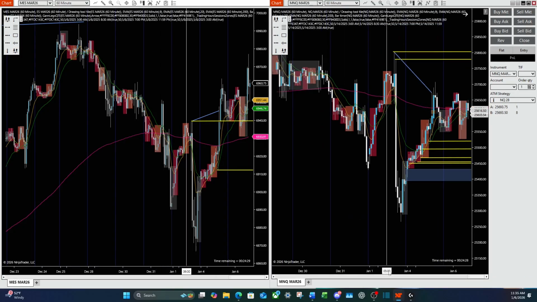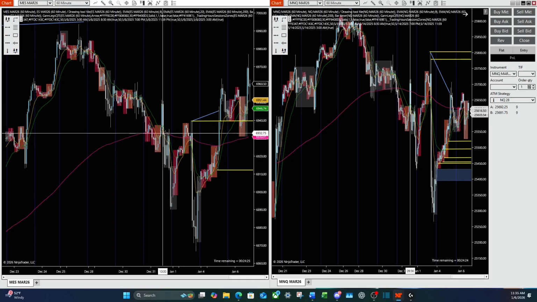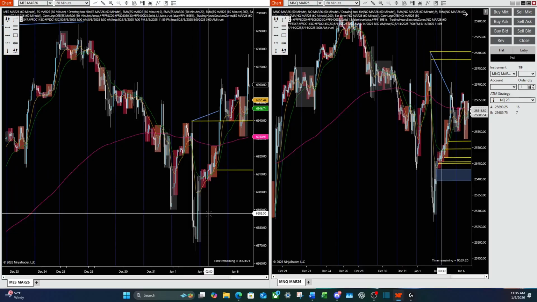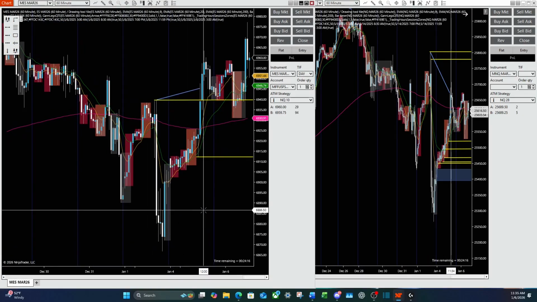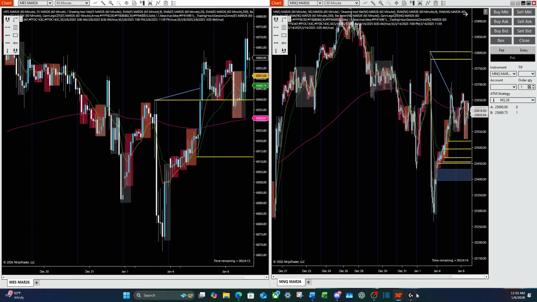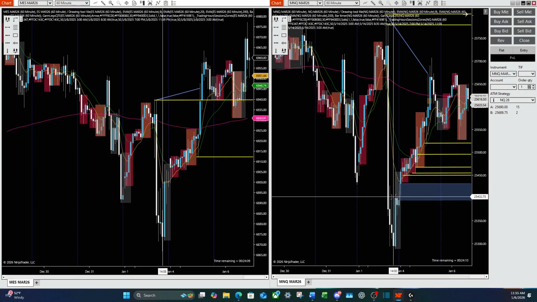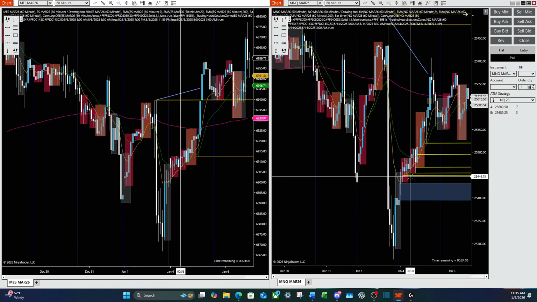So obviously we got the sweep of liquidity up here on ES, right? And we've made this move down. Now with this, after we made this big push down, we're getting a little bit of a retrace. And what we have coming into open is a new week opening gap, because yesterday was Monday, that's when I took this trade.